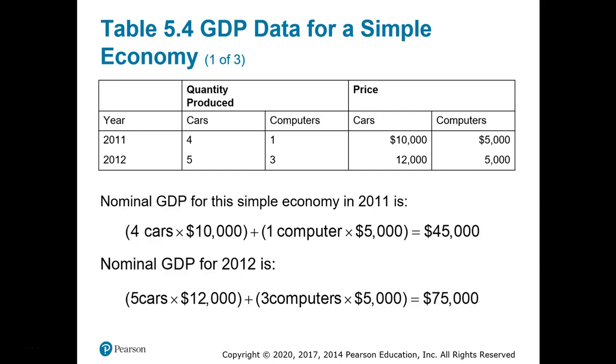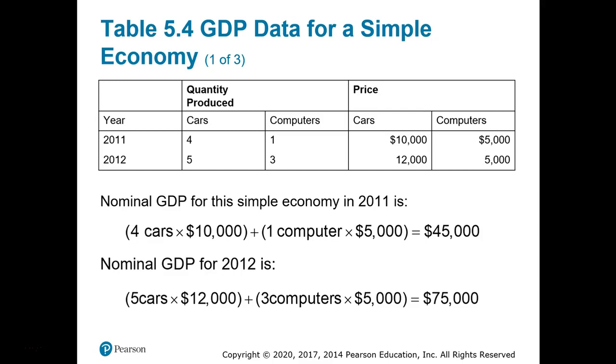So 60 plus 15 is 75,000. Well, technically, dollar-wise, we did grow. We can specifically look at the quantity, and we could tell what we actually produced. If we fixed everything price-wise, if we looked at the quantity itself, we can actually see that the economy grew. We grew by 1 car and 2 additional computers.